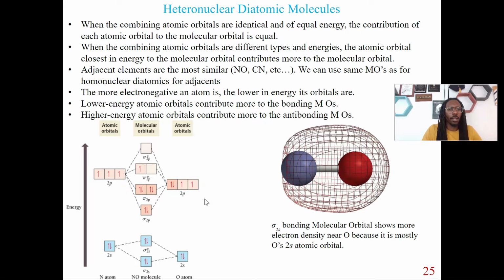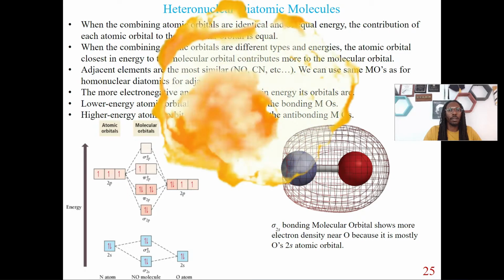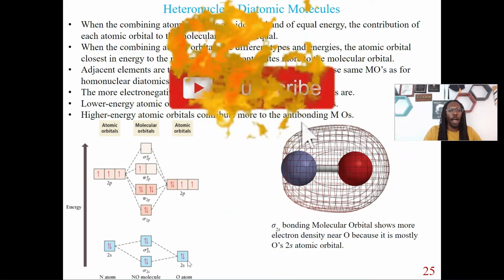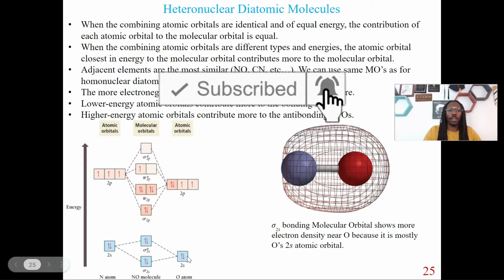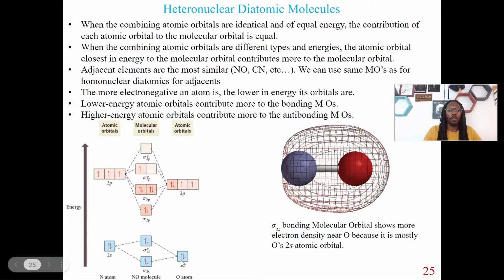We have our valence electrons in the 2s and 2p for nitrogen, so 5 in total. And oxygen has 6, 4 in the 2p and 2 in the 2s. The more electronegative the atom is, the lower in energy. Oxygen is a little bit more electronegative, so its orbitals are a little bit lower.